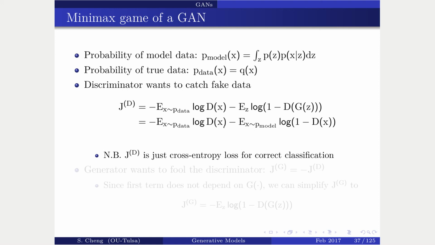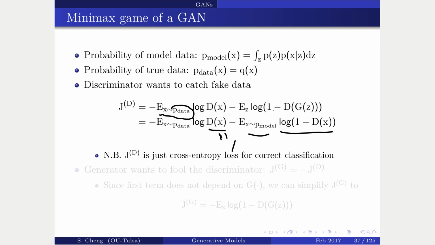So again, D(x) should output 1 when it sees something is true, right? So therefore, the cross entropy loss should be log D(x) when x is sampled from p data, and when it's sampled from the model, it will be log(1 minus D(x)).